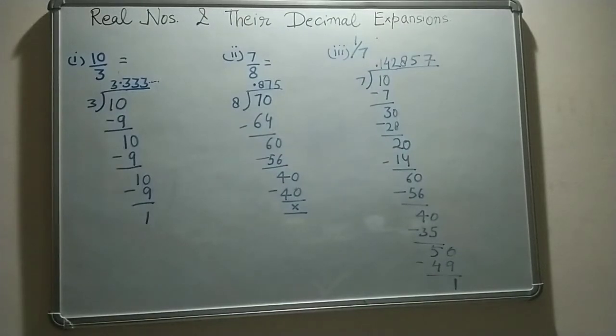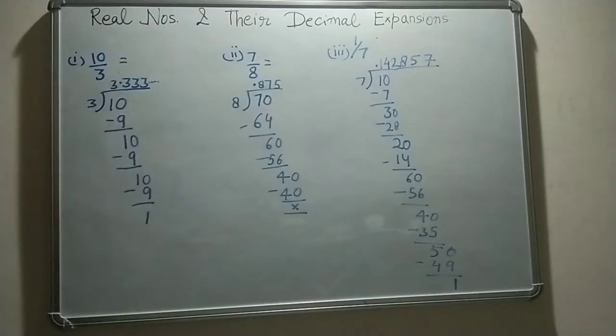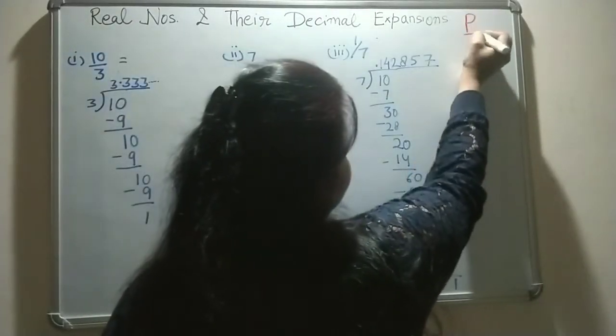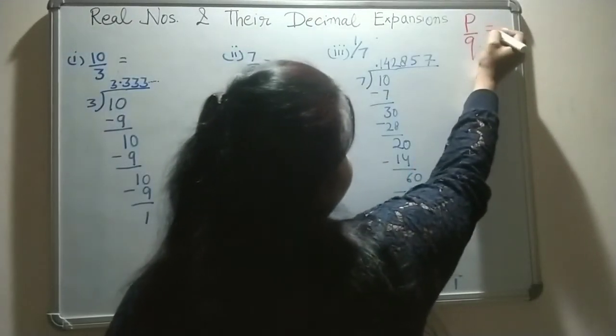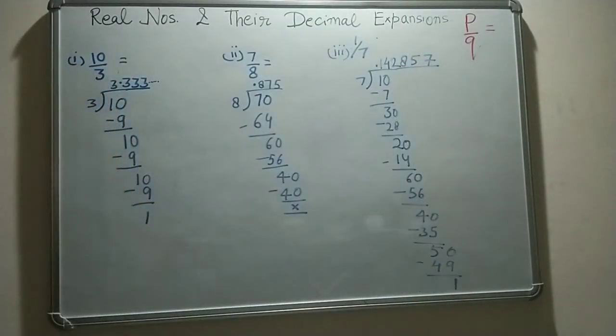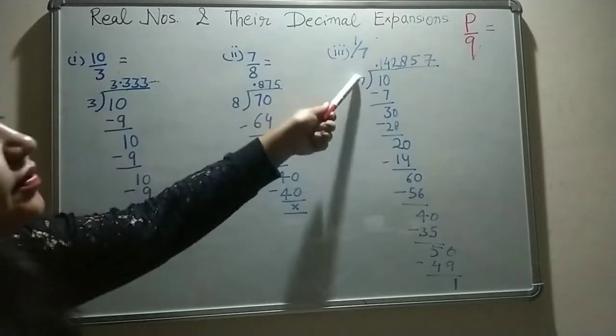The next topic of this exercise is real numbers and their decimal expansion, meaning when we transform p upon q into decimal numbers. We have taken some rational numbers: 10 upon 3, 7 by 8, 1 by 7.